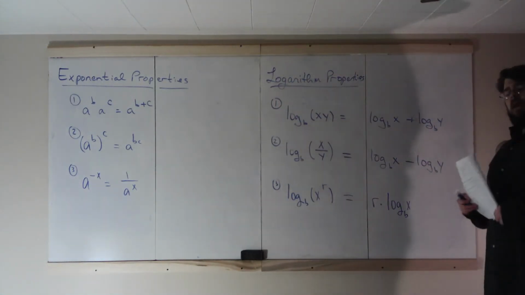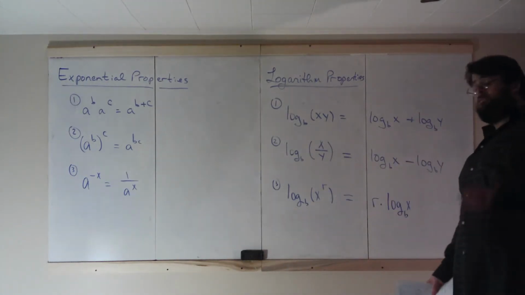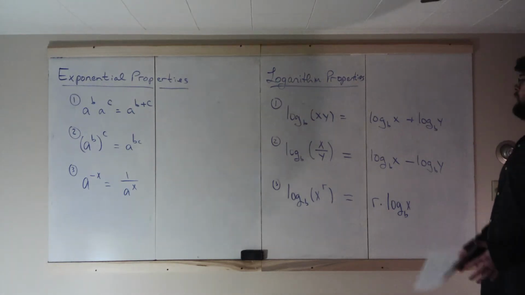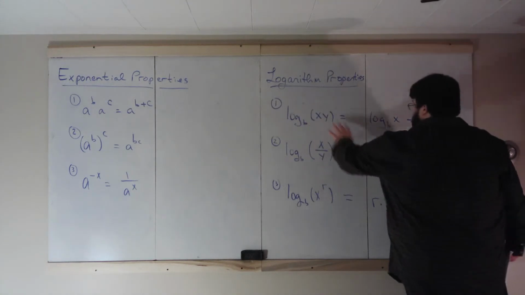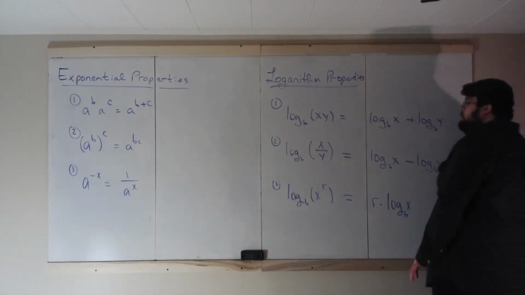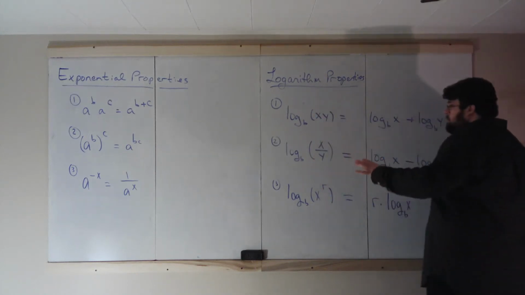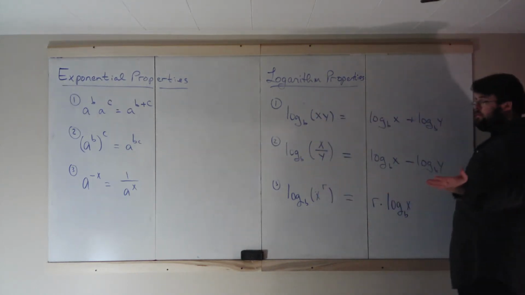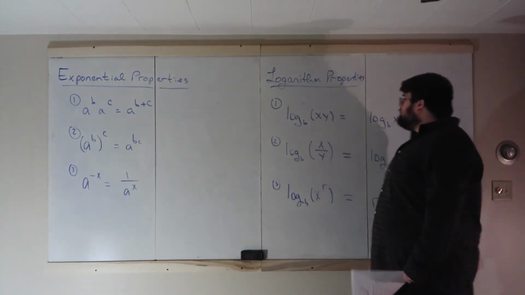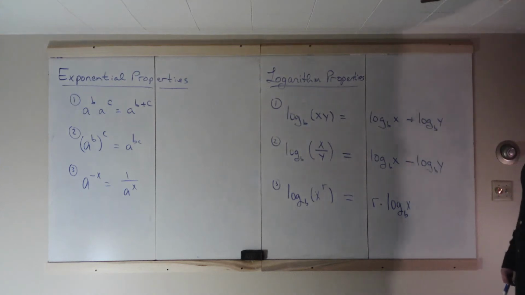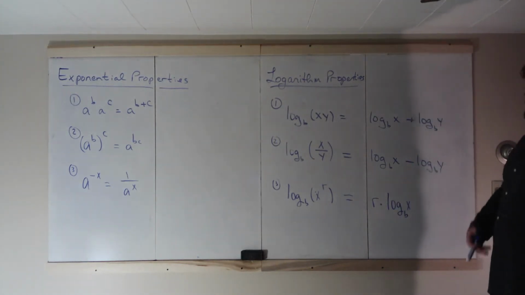But those are exponential properties, and logarithms are just the inverse functions of exponentials, so they have parallel logarithm properties. Notice in all these the base doesn't matter, so it's just b. Meaning these work for any allowable base. Log of a product, log of x times y, splits into log of x plus log of y, preserving the base.